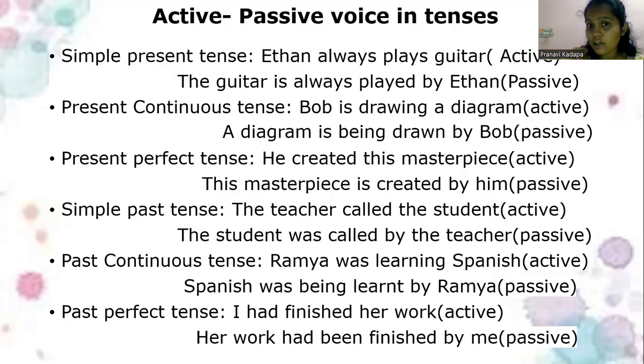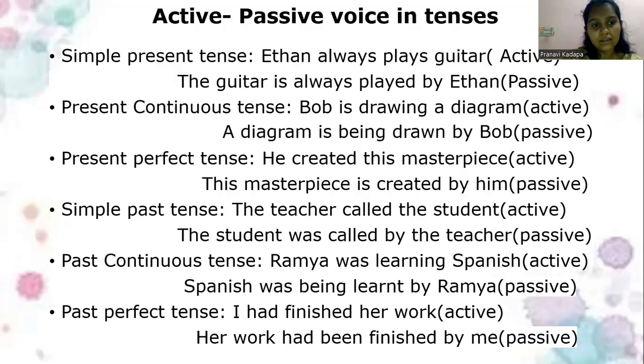For always, it's a singular thing, so use it as singular. Drawing is present continuous tense. When you use continuous tense, we should use being and the past participle. In present perfect tense too, we have to use it accordingly.